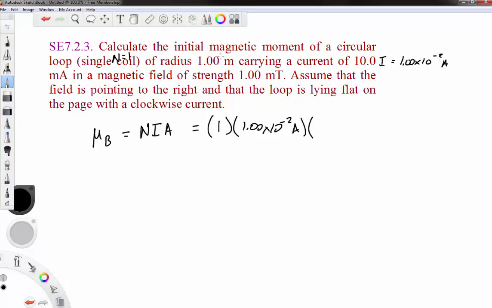Well, this thing right here is just a radius, but area is pi r squared. So we'd have pi times 1.00 meters squared.